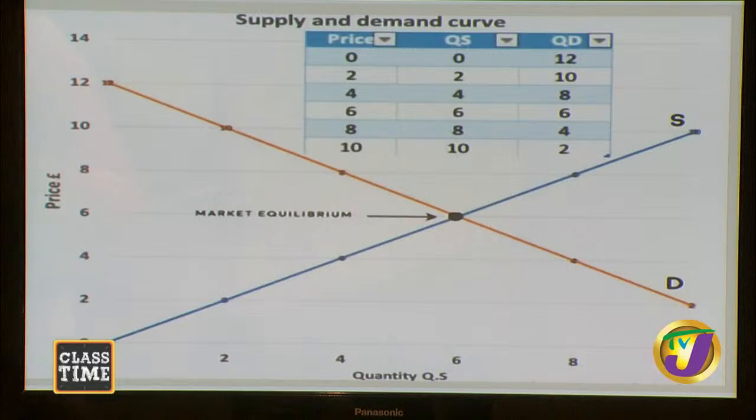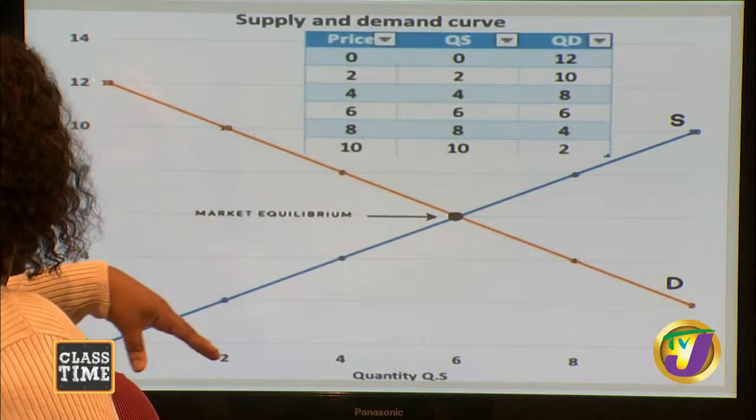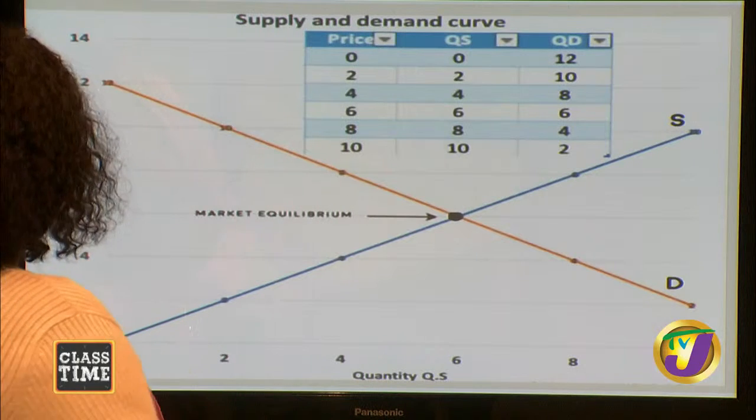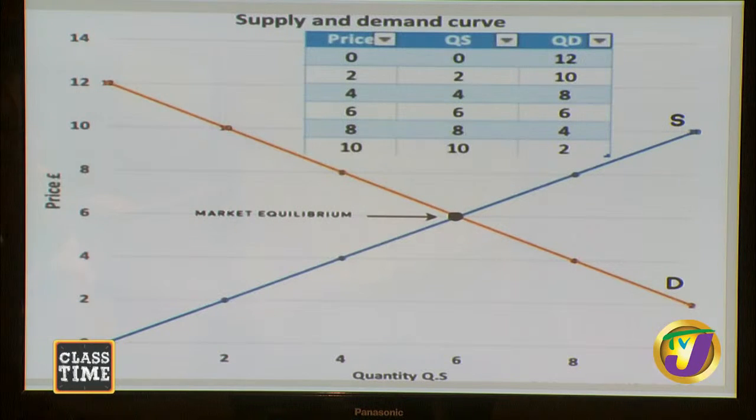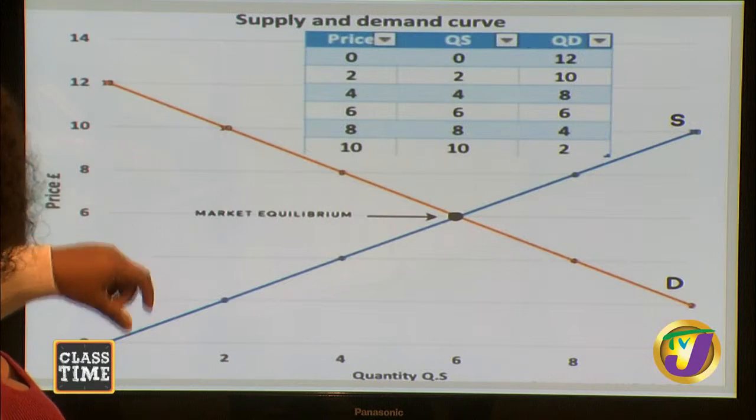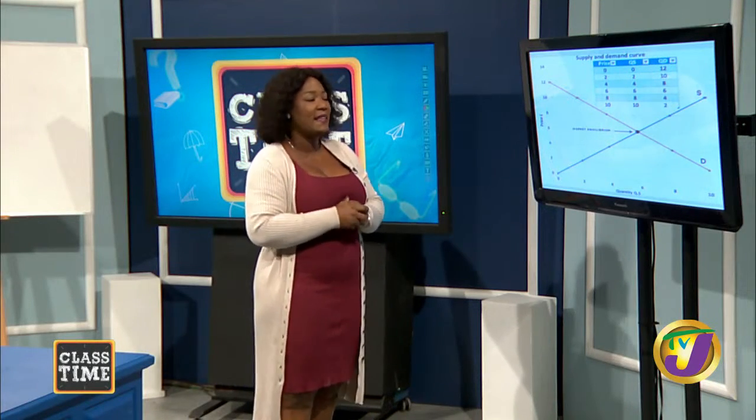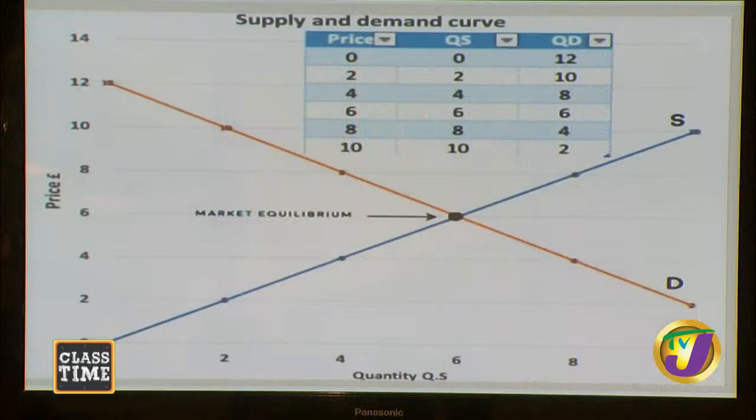Now, supply and demand. Here we have the price for tomato, right? Now we're looking at where both our demand and our supply meet. So what happened here is our equilibrium price point. Can anybody look and tell me what would be the best price to sell tomato for in the market space, based on our equilibrium point where both curves meet?